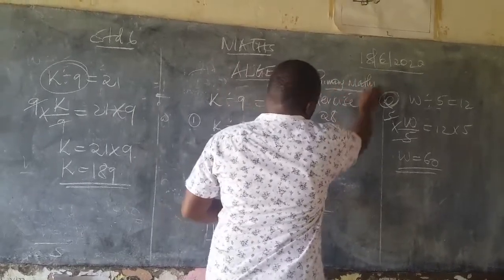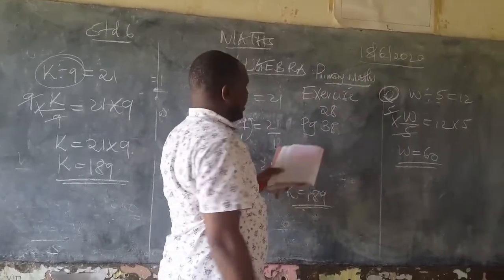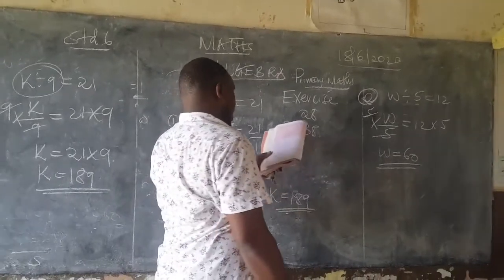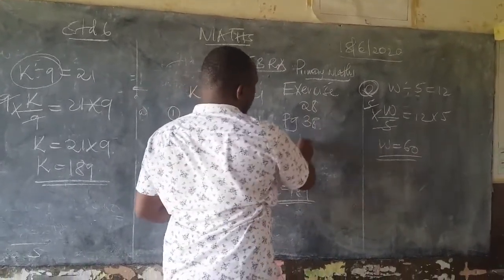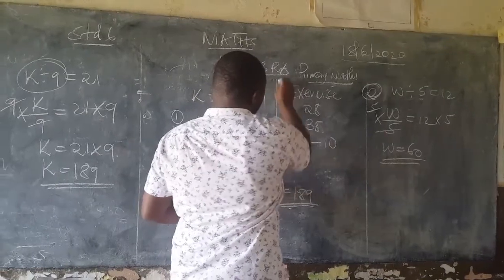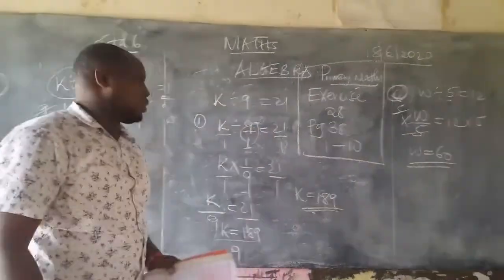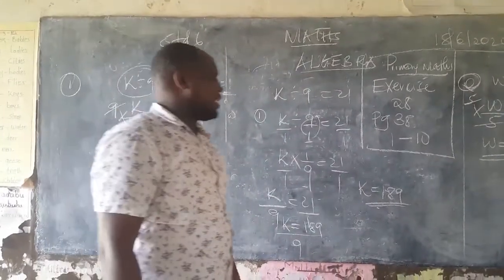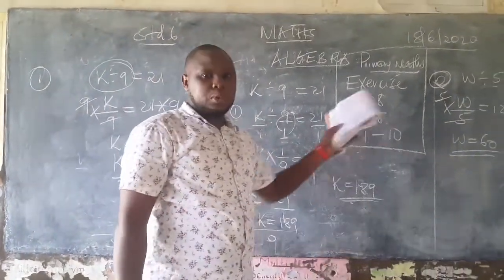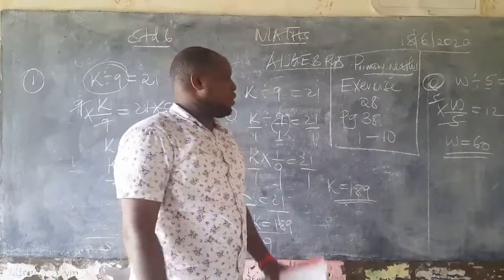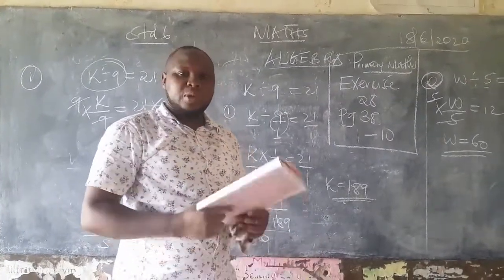Page 38, exercise 28. I want you to try questions number 1 to 10 as practice questions. After doing them well, you realize that you can solve any question when you are given an exam.